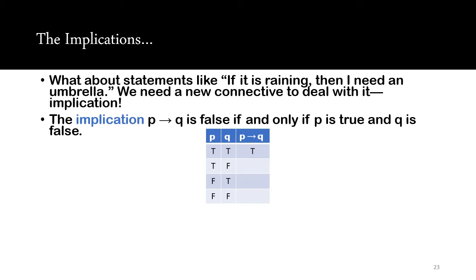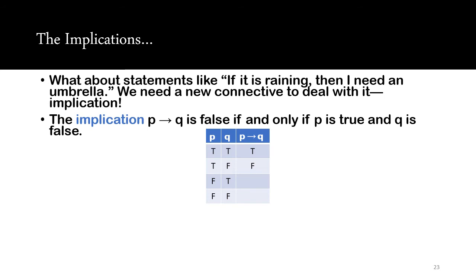First one, true. If they're both true, always implies true. But true can never imply false. Just think about it. This statement wouldn't be true if it was raining and I didn't need an umbrella.